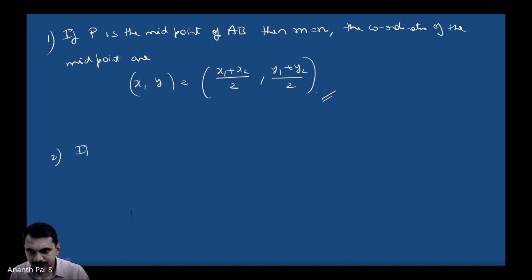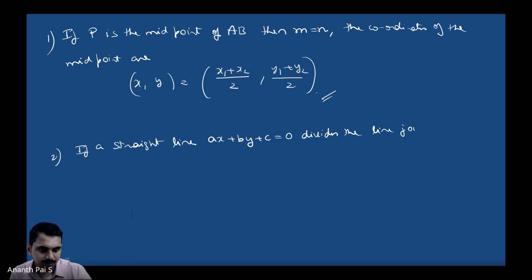If a straight line ax plus by plus c is equal to 0 divides the line joining the points A (x1, y1) and B (x2, y2), and how do you write it generally?